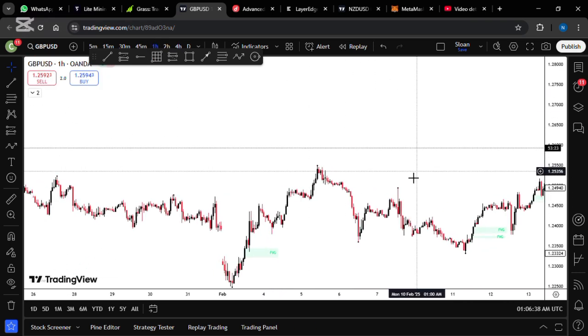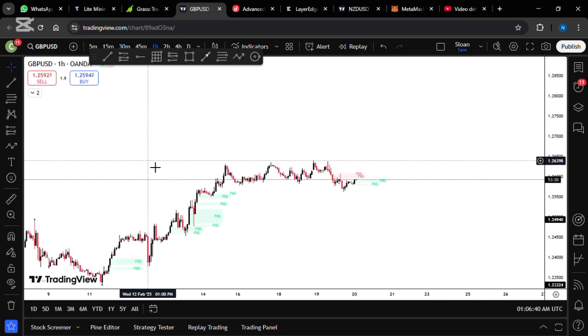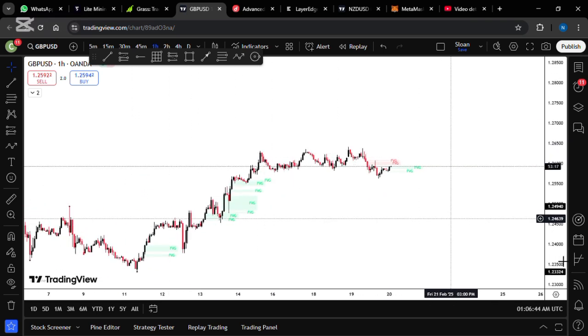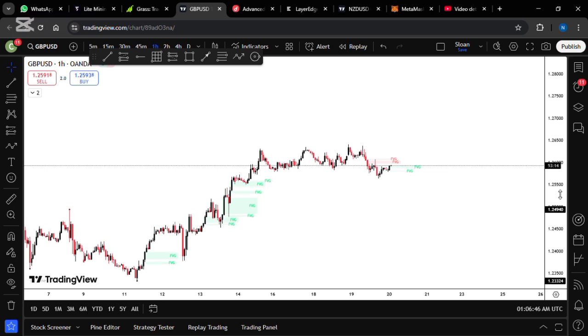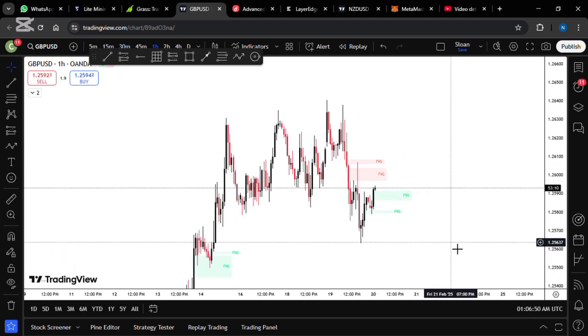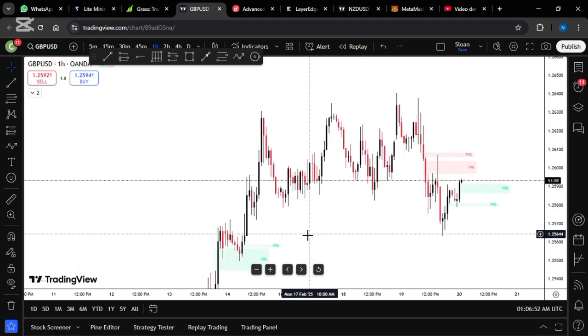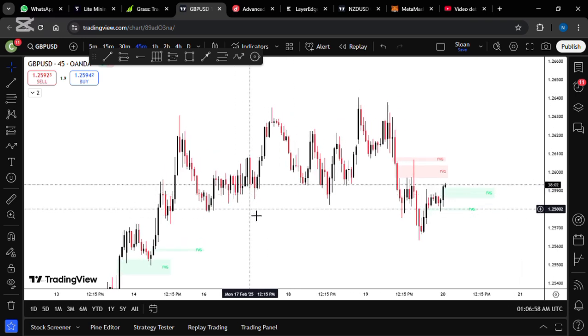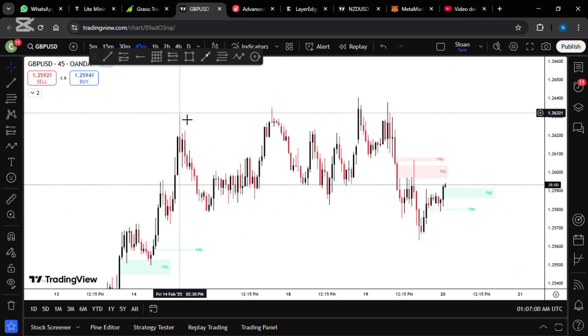All right, so let's use, for example, this most recent action. If you remember what I said about consolidation, it's basically on psychological levels, in the sense that it's an area, a range that is not seen with the naked eye. You're not seeing it, but you perceive that this is exactly what is happening.